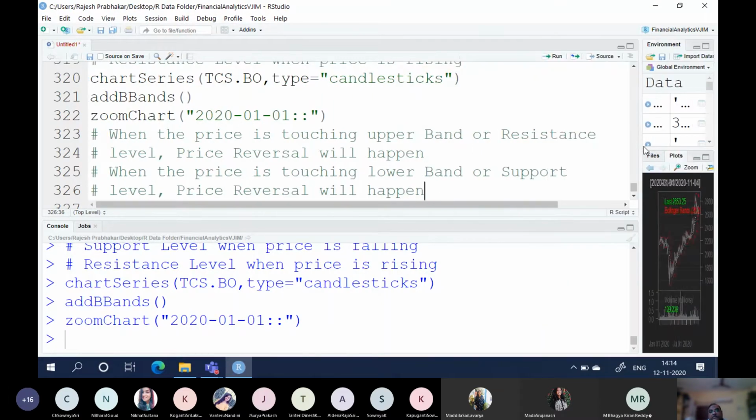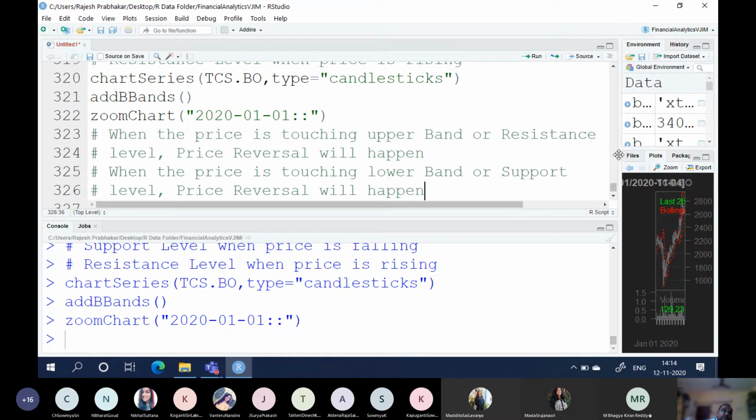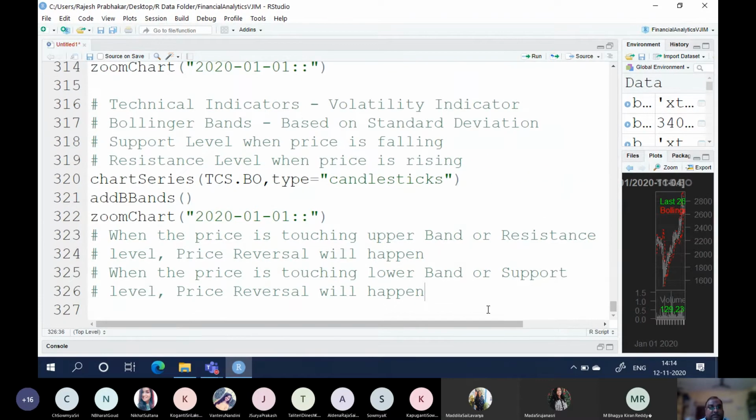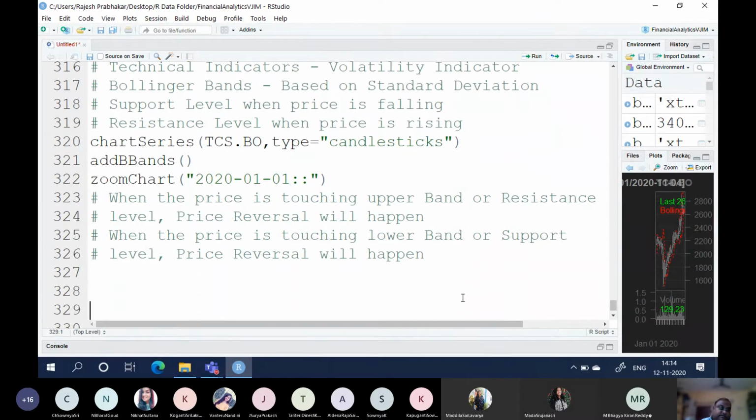So when you look at the Bollinger Bands, you have to look at these things. So this is the understanding of Bollinger Bands, which is very important in basic technical analysis.